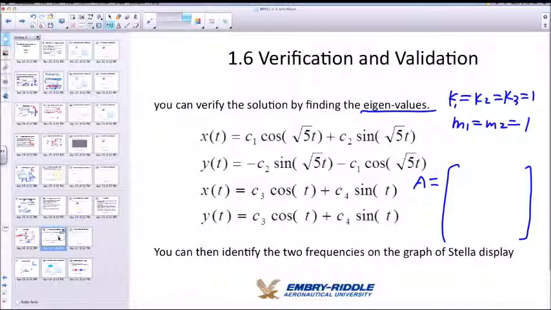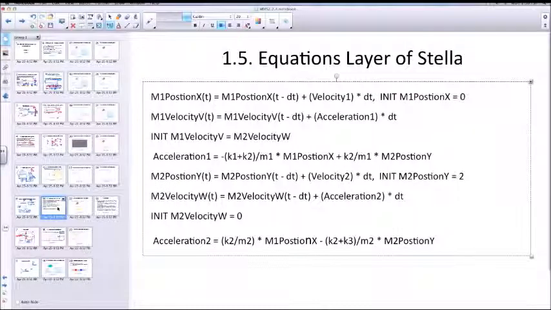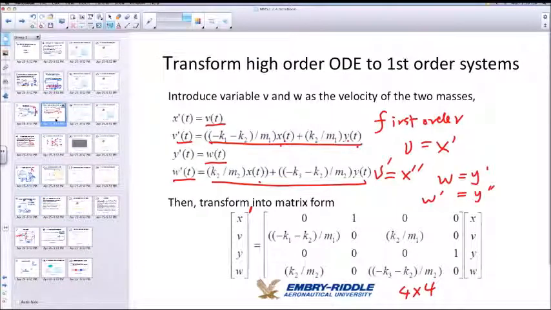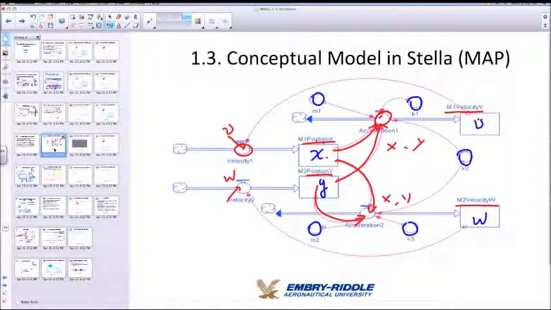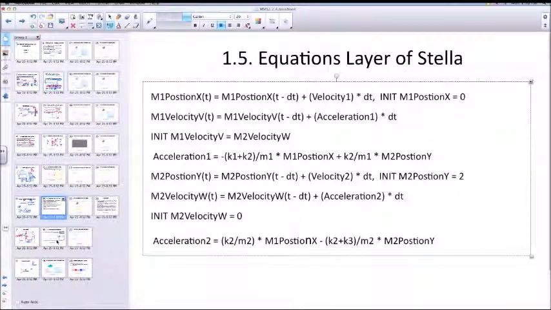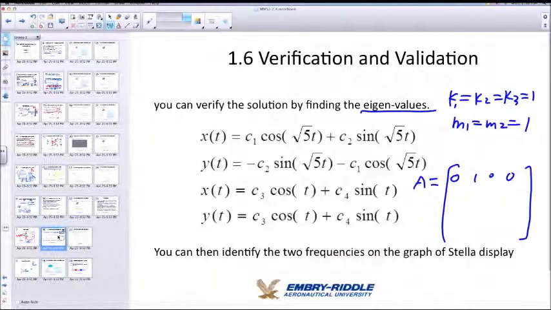And then your system equation is 0, 1, 0, 0, and then this will be negative 2, 1, 1, negative 2, and negative 2, 0, 1, 0.